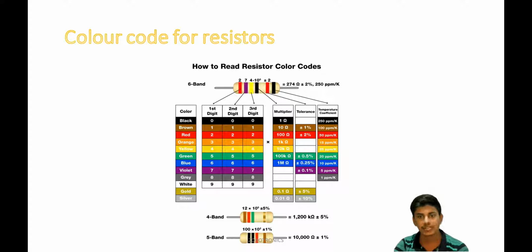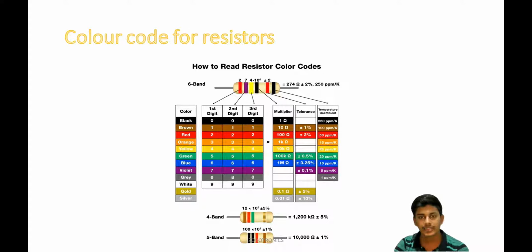The temperature coefficient is measured in ppm per K, that is Kelvin, and in this first one, this is a black band, so it is 250 parts per million per Kelvin. There are different tolerance bands. These are plus minus 1%.